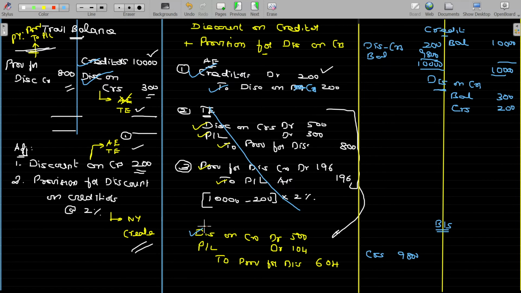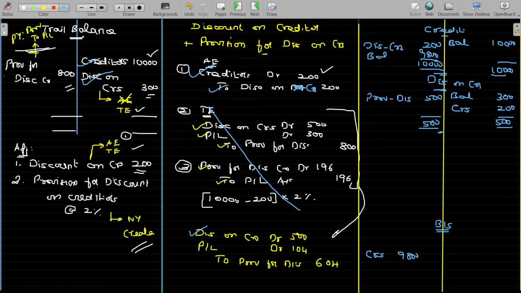Here the discount on creditors being the debit side, to provision for discount on creditors, the value being 500. Discount on creditors is a nominal account. Always remember that in the case of a nominal account, at the time of closure of the books of accounts for the year end, it becomes 0.